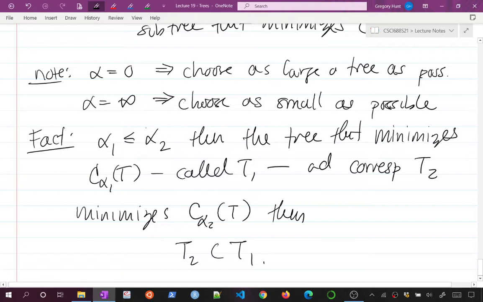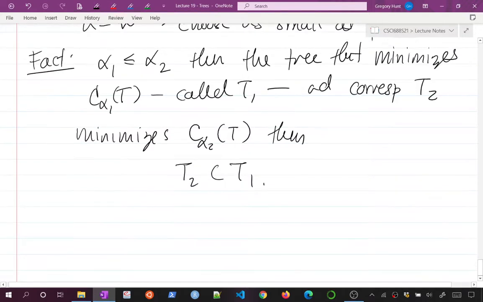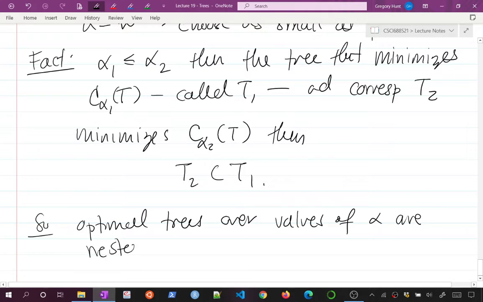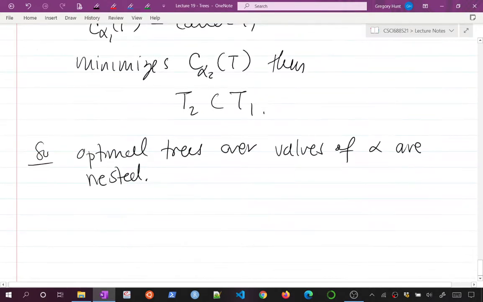We penalize it more, we get a smaller tree. Turns out not only is it just a smaller tree, it is actually nested. So the optimal tree with a larger alpha is a subtree of the tree with a smaller alpha. So optimal trees over values of alpha are nested. That is basically the point.